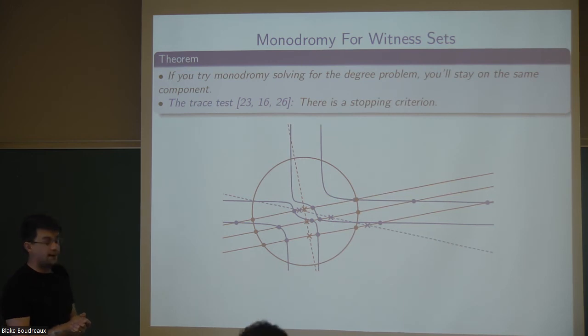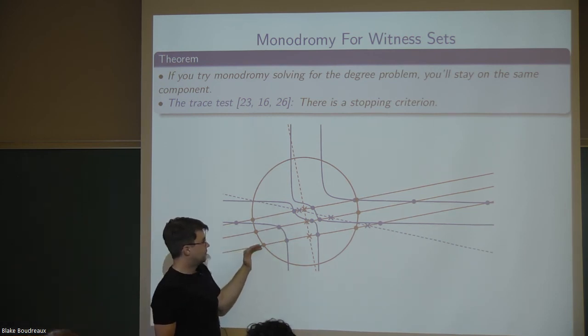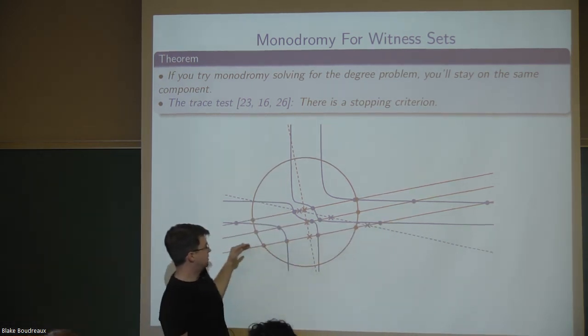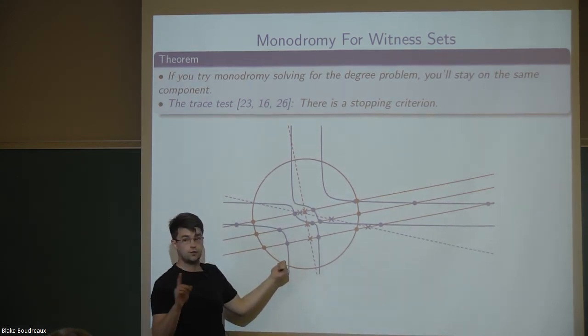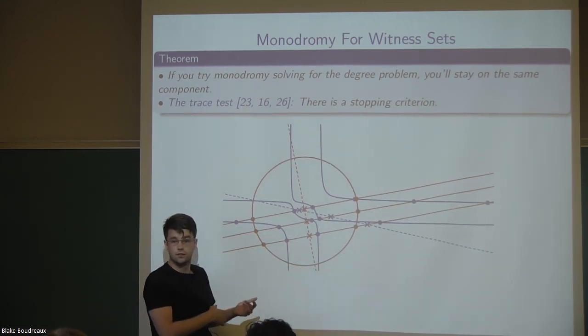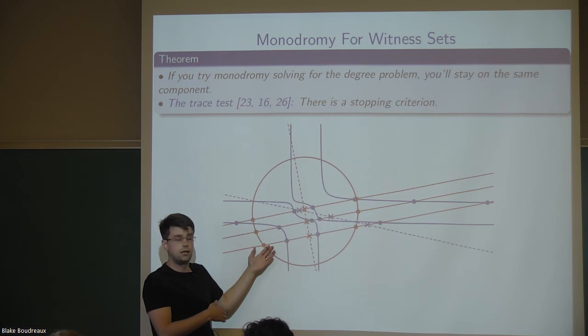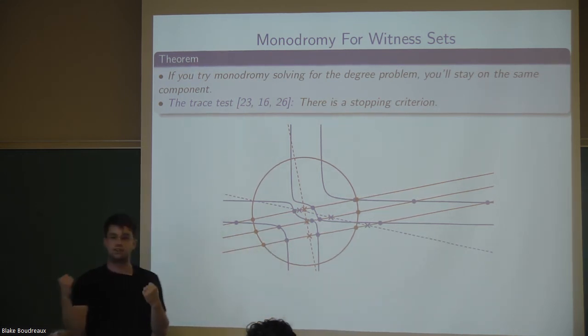And this is a great way to find all of the components. You solve for all the intersection points of this line with the union of the blue curve and the red curve. But you don't do it using monodromy because you won't find everything using monodromy. You do it via like a Bezout thing or something like that. You will find them all that way. And then you perform monodromy and you see which points start to permute with each other.